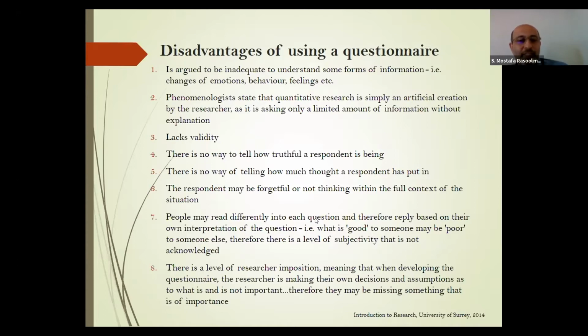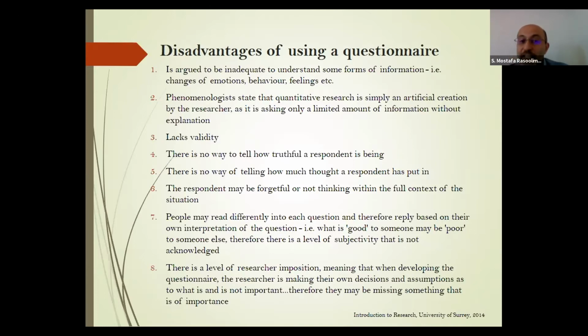If you look at disadvantages, okay, you can see there is no way to tell how trustful a respondent is being. But in quantitative research, we don't believe in this one. We say based on the method that we apply, we can confirm robustness of our method, our approach, our data collection. So method should be robust, right?